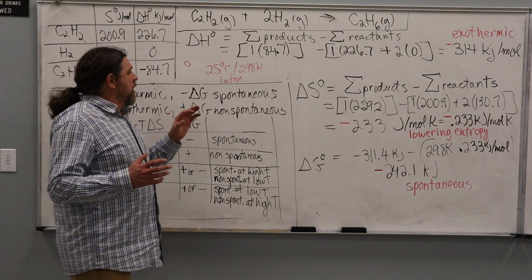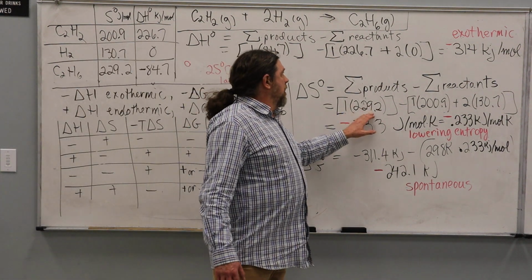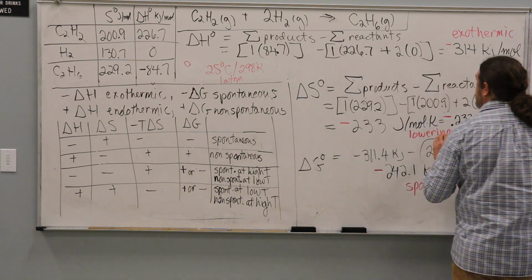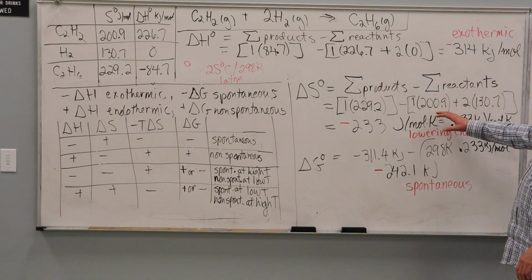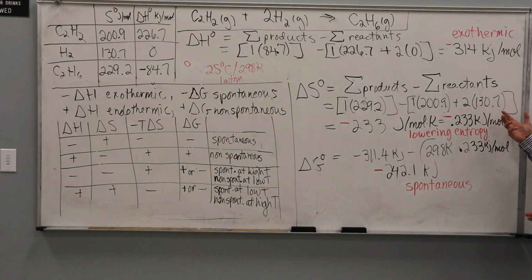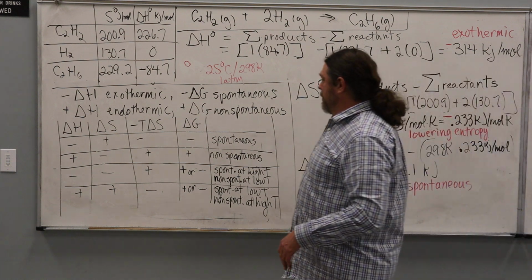We have our product entropy of our ethane subtracted by the entropy of acetylene and two molecules of diatomic hydrogen and their entropy. So in this case, we have a negative entropy, and so we are moving towards more order, okay?